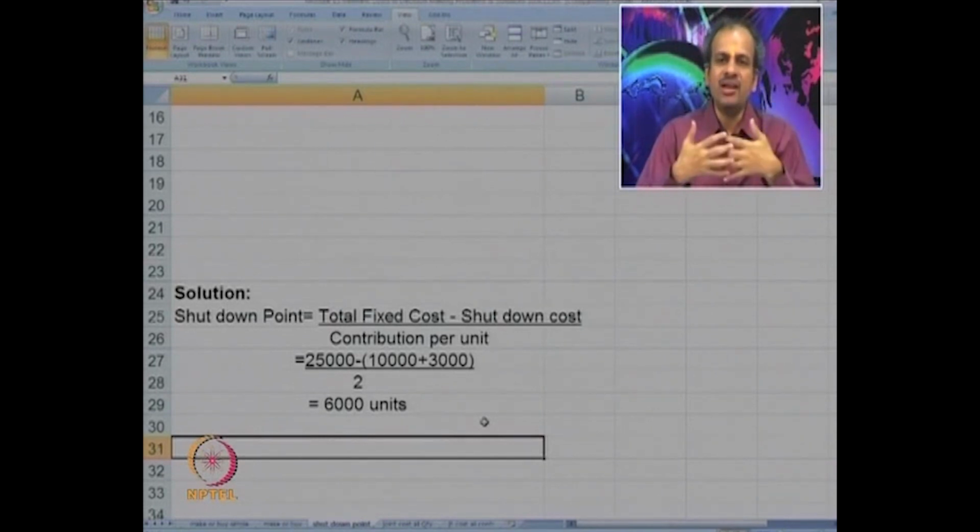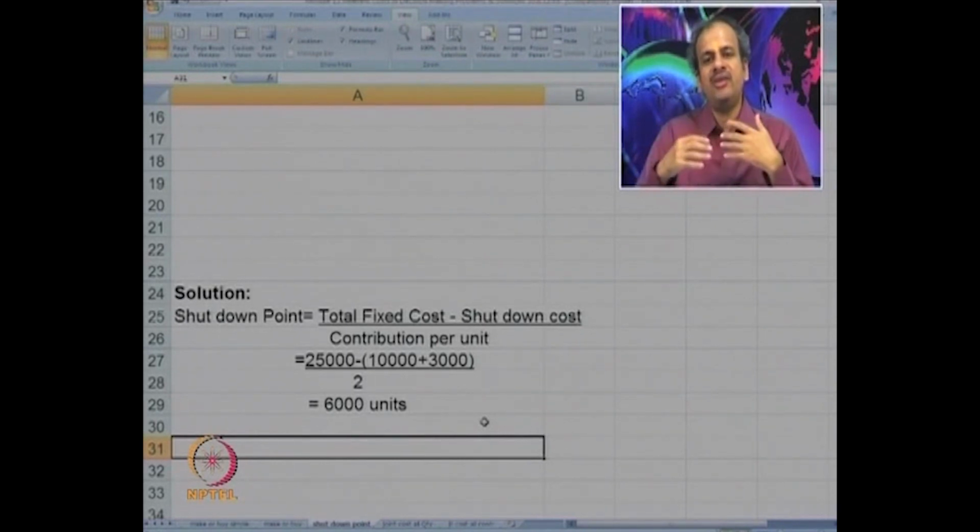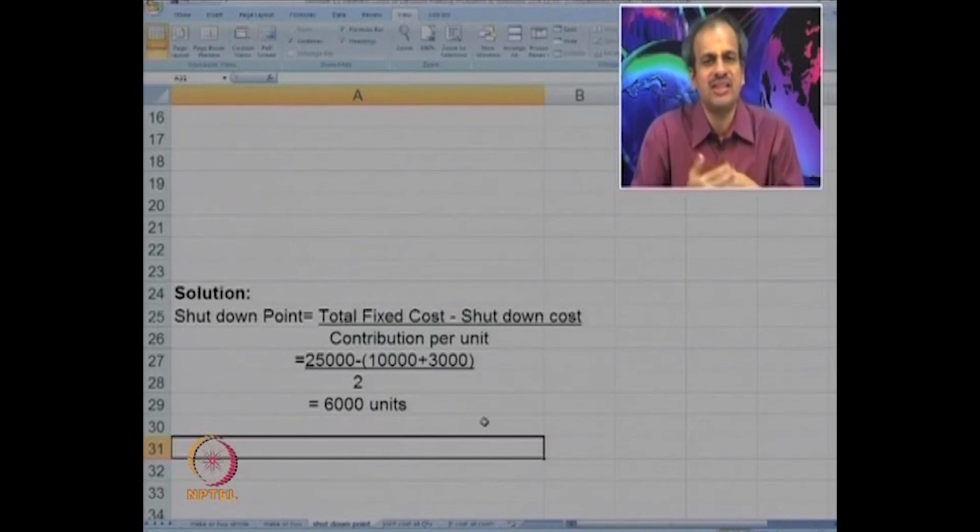So we saved 12,000 by taking a decision of closing down, and we divide it by per unit contribution, which is 2. So equivalent to 6,000 units, we were able to generate a contribution of 12, which we are saving.